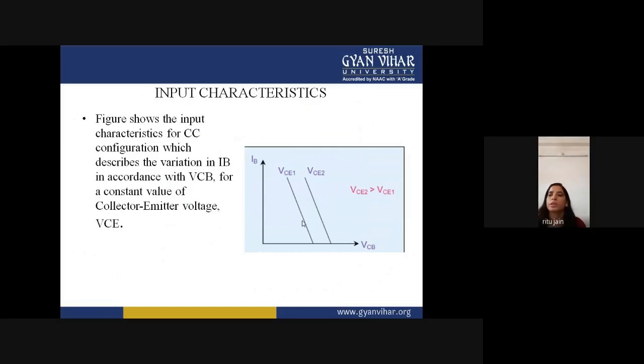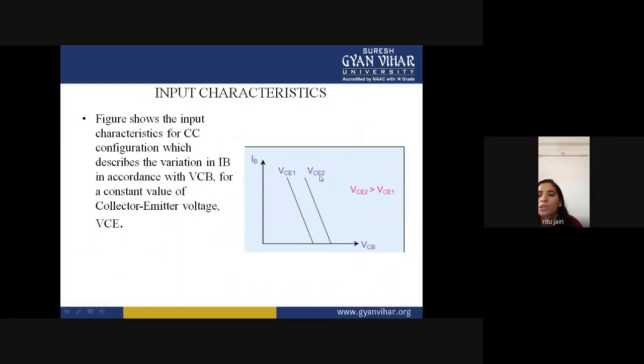Now you can see that we are drawing two input characteristics, VCE1 and VCE2. It means you are taking different output voltages, the values of VCE1 and VCE2, where the value of VCE2 is greater than VCE1. So you can see the difference between these two characteristics.